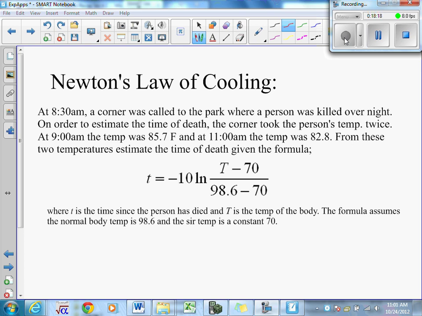From these two estimates, estimate the time of death given the formula, where t is the time since the person has died, and T is the body temperature. The formula assumes the normal body temperature is 98.6, and the air temperature is a constant 70. So let's figure this out.